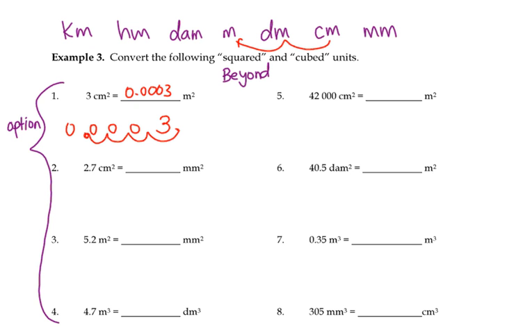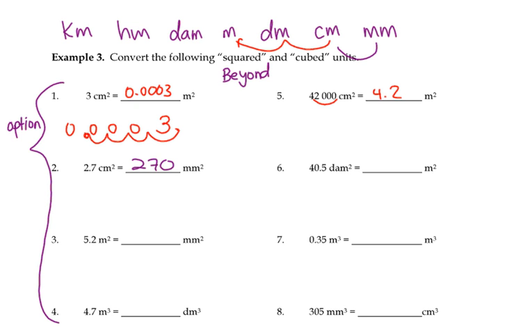Normally it was 2 to the left, now we're going to do 4 to the left. 4 to the left gives you 4.2. You double your conversion. So if you normally do 3 to the left, you're going to do 6 to the left. So a centimeter squared to a millimeter squared, instead of going 1 to the right, we're going to go 2 to the right.